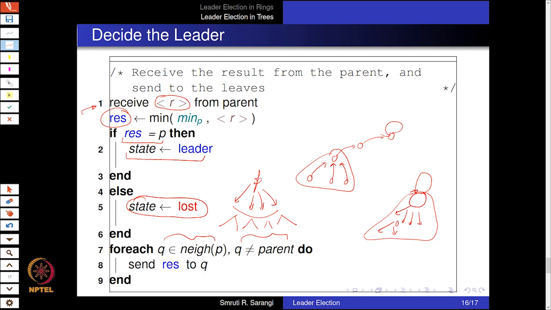So via this method, the leader can elect itself as the leader, and furthermore the message can be broadcast all over the tree, because every parent will forward it to its children, the child will again forward it to its children, and so on and so forth.